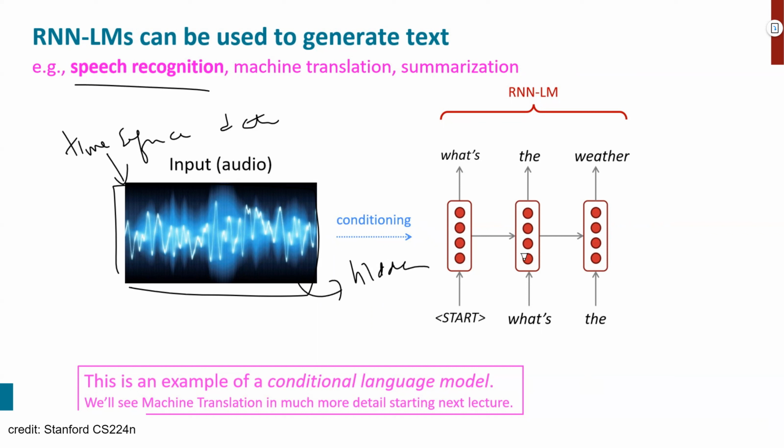And in the case of an ordinary language model, the first hidden state was initially zero initialized. However, in the case of speech recognition, you can condition this hidden state using the encoding of this input audio. And this is an example of a conditional language model.